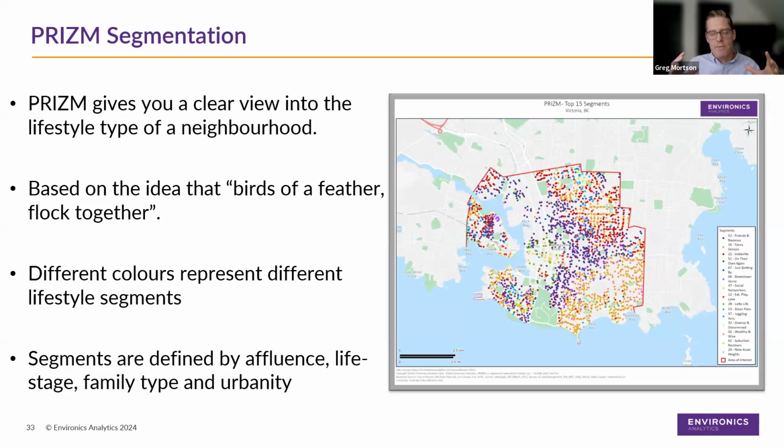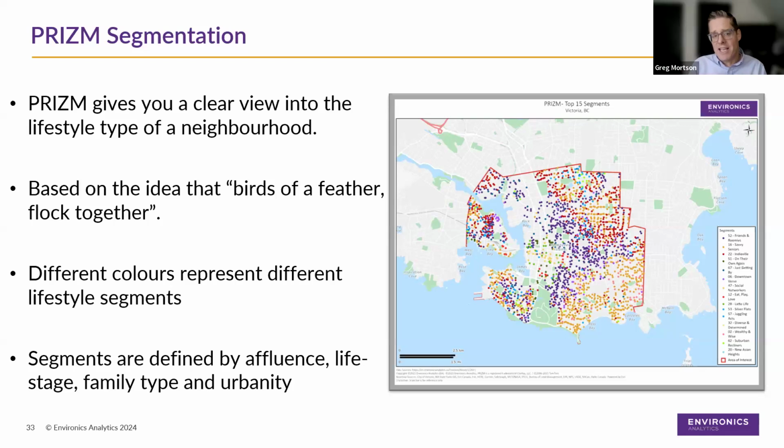So these are really segments where everybody that lives within them is generally the same in terms of level of affluence, behaviors, outlook on life, education, diversity, all these different measures that we look at and run our statistical models against to arrive at one of these 67 different segments for every residential postal code across the country.